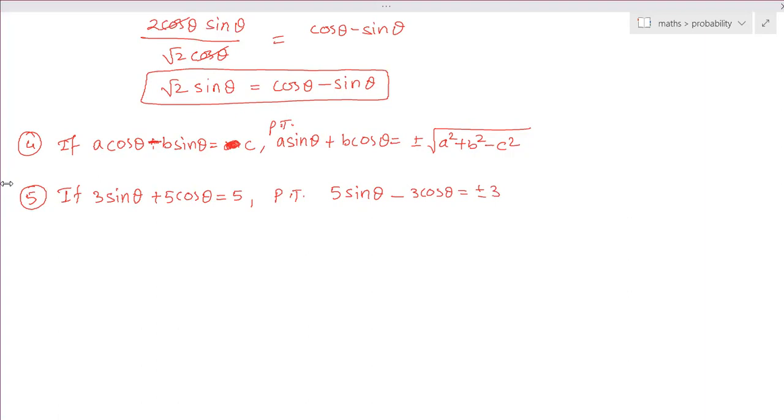Ma'am, what about minus a cos theta into b sin theta and plus? Both get cancelled, no. If you take the product, it is minus 2ab cos theta sin theta, and the second one is plus 2ab sin theta cos theta. Both are the same with opposite sign, so you can cancel. Ma'am, but it's a cos theta and a sin theta, right? So how do I cancel it?